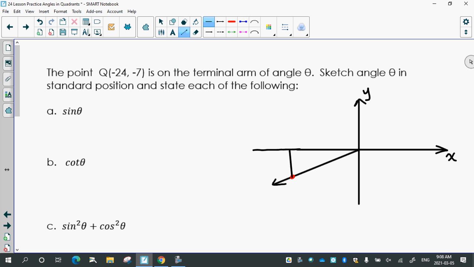Remember always to make your right triangle with the x-axis. That's where you can go the most wrong if you make it with your y-axis. So this point here has an x value of -24, which means x is -24, and a y value of -7, which means the y is -7.